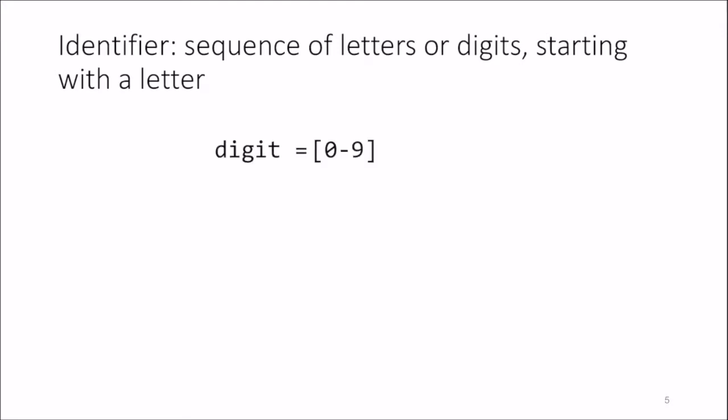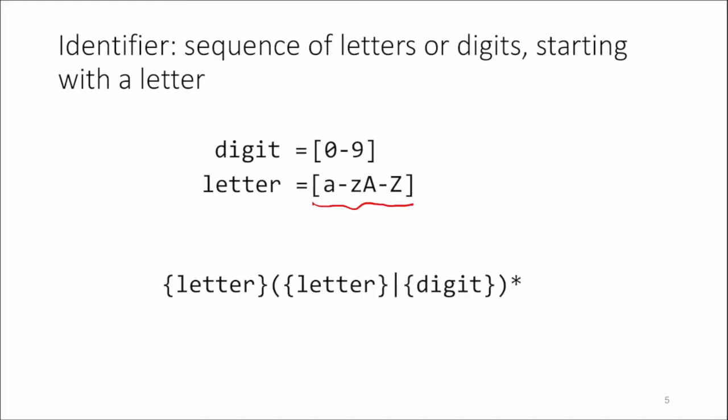So this is just, again, syntactic sugar for this alternation here. In this case, a digit is any of these characters from 0 to 9. I can do any letter, uppercase or lowercase, from A to Z, and I define this as a letter. Then I can take an identifier definition as starting with a letter, followed by a letter or a digit.